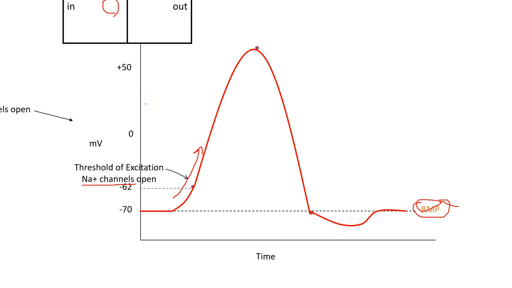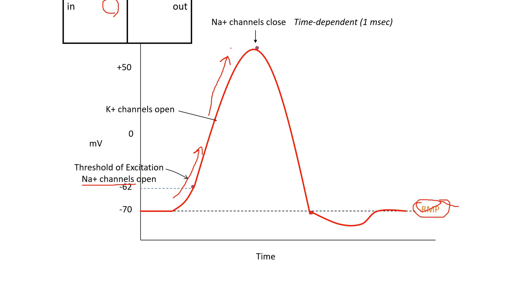It reaches the threshold for voltage-gated potassium channels, which open. Potassium starts leaving the cell, but the problem is so much sodium is entering the cell that potassium leaving can't counteract the positive effects of sodium entering the cell. So sodium continues to drive the membrane potential to be more positive until the voltage-gated sodium channels close. Remember, they demonstrate a time-dependent closing and close after 1 millisecond.